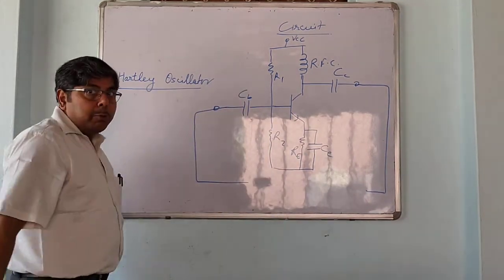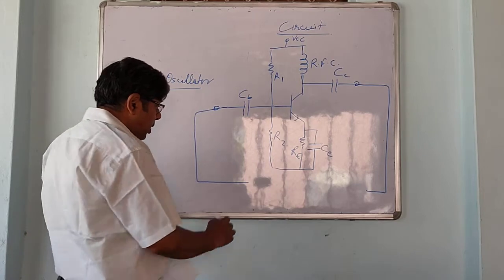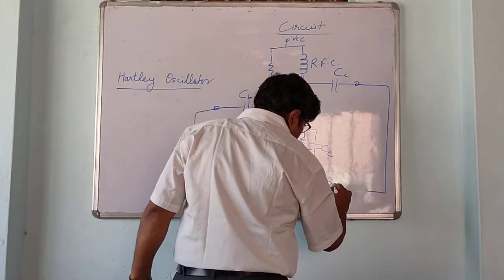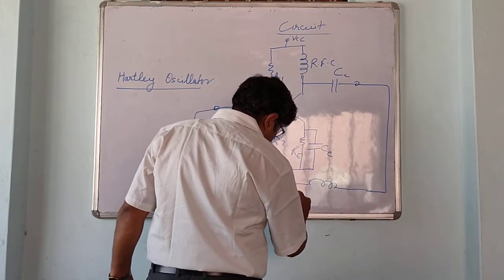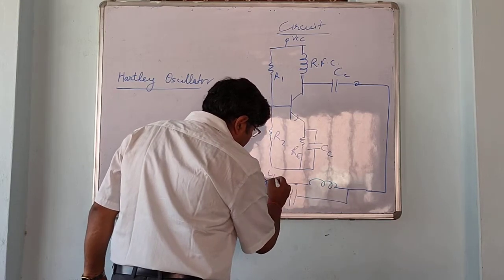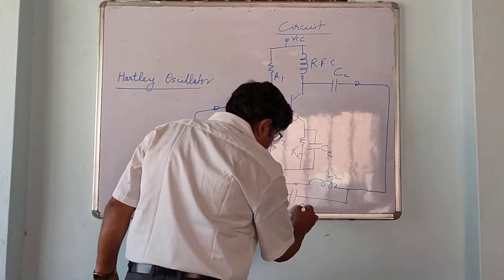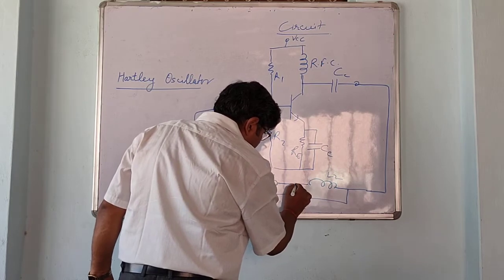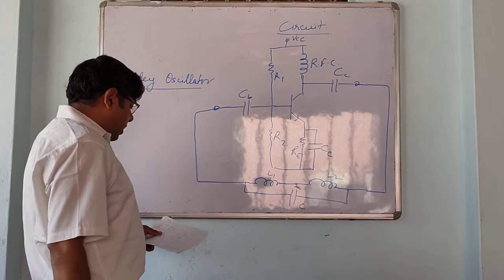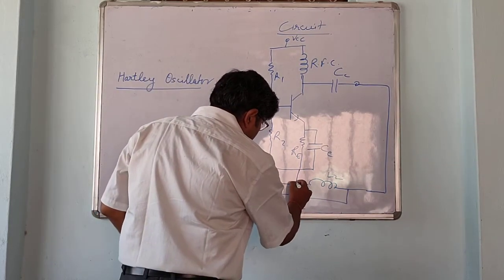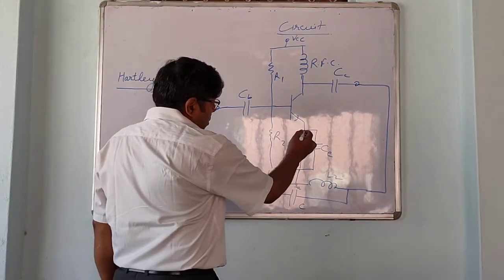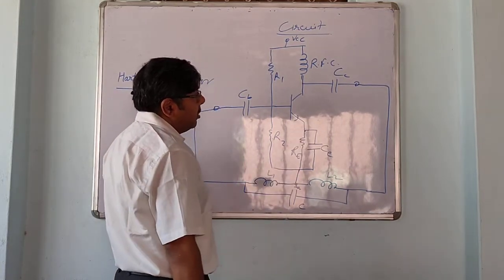Between input and output, we have a combination of two inductors and one capacitor, here L1, L2 and C. This is grounded, and the emitter is connected to ground through this loop, resistance and capacitance.